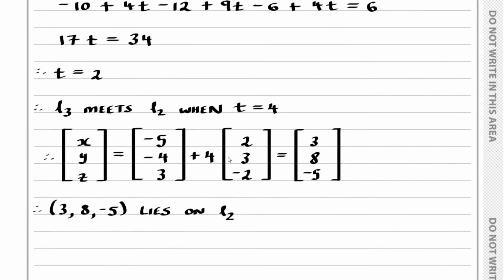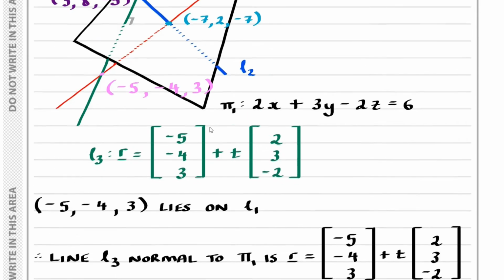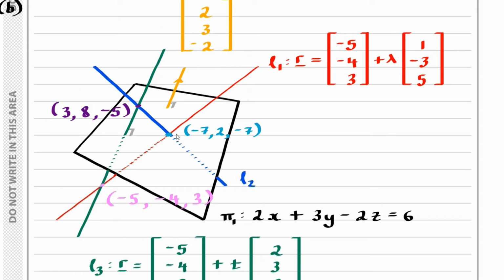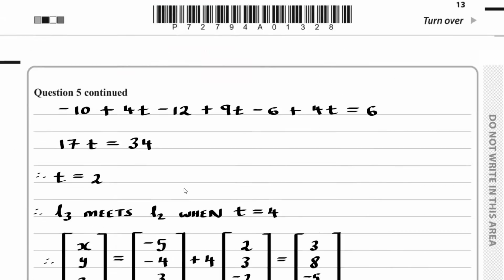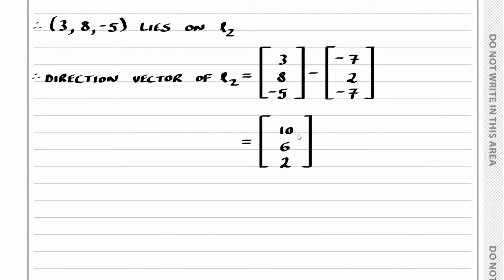And what we can now do then is find the direction vector of L2. We've got this point here, -7, 2, -7, which lies on L2. And then we've also got this point here, 3, 8, -5, which also lies on L2. So if I find the direction vector, I've got 3, 8, -5, subtract -7, 2, -7. I'm working that out. The direction vector is given by 10, 6, 2, which is the same as 2 multiplied by 5, 3, 1.